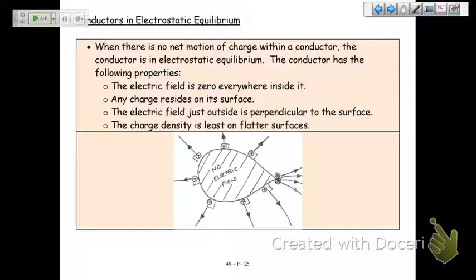We can say the charge is uniformly distributed, and it turns out it's not. Charges tend to congregate around points, and they tend not to congregate around flat areas. The field lines always approach at 90 degrees. This is a very strong electric field, and this is a very weak electric field around the same object.